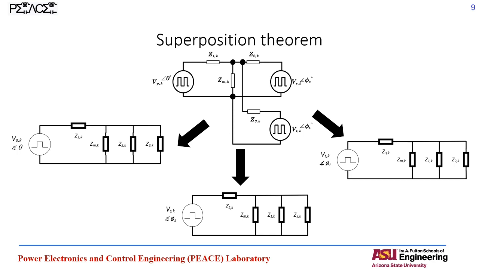Then we repeat the step for the next voltage source, and after that we add all of those currents together, and that leads us to the final current, which would be similar to what we would see in an actual circuit. This can be done because the circuit is linear and it follows the principle of superposition.